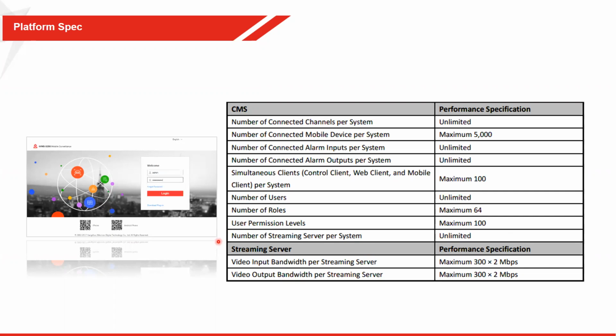So your streaming server is going to allow for the video to come in from your vehicles. And if you have a high amount of vehicles, we recommend a maximum of 300 devices per streaming server at a 2 megabit connection speed.